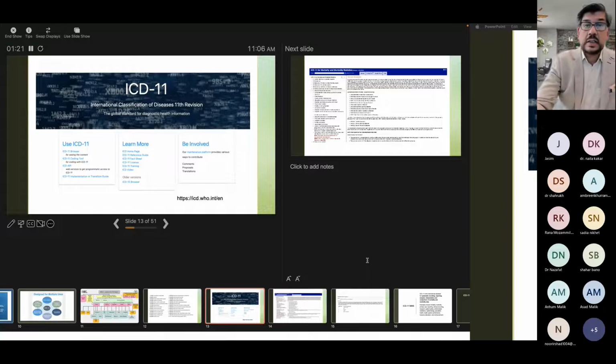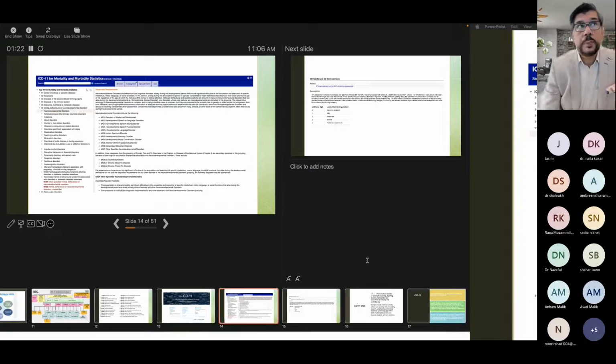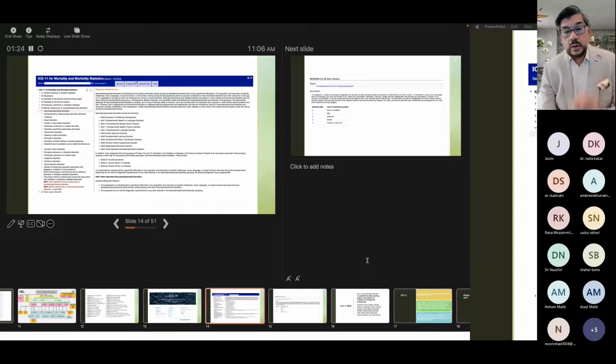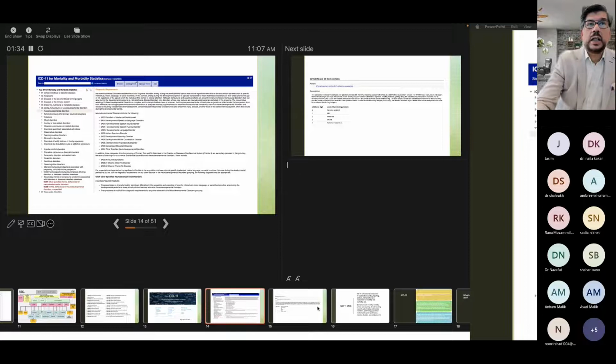And again, the important thing was that we have to use morbidity and mortality statistics. This is on the WHO website, and all you have to do is see the patient, make some diagnostic thing in your mind, and click the things on the website to reach a diagnostic code, and it will be much easier.